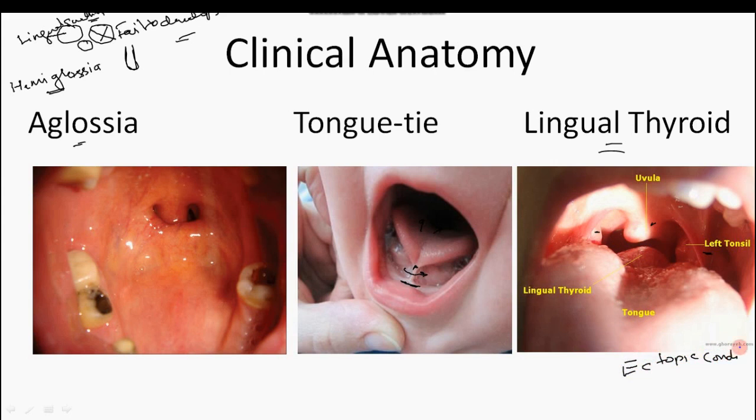From this foramen cecum, in a normal course, the thyroid descends down, but sometimes it fails to descend. So the thyroid develops here in the oral cavity. This is the lingual thyroid.